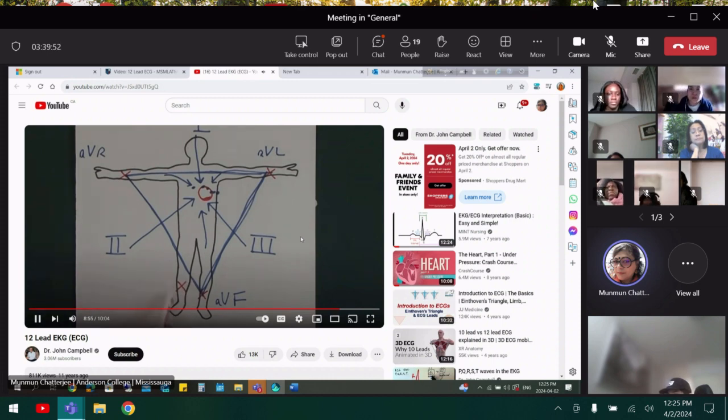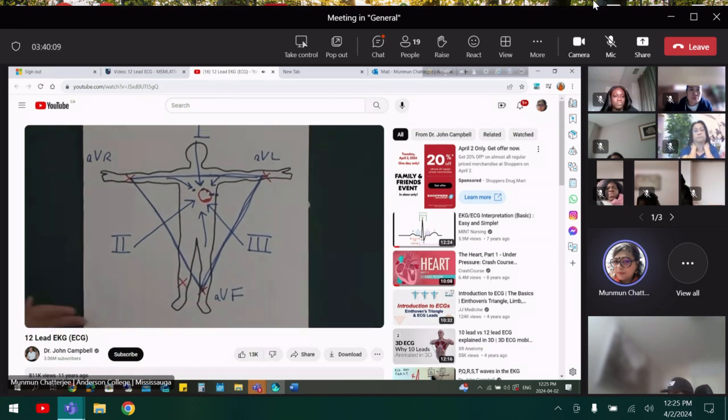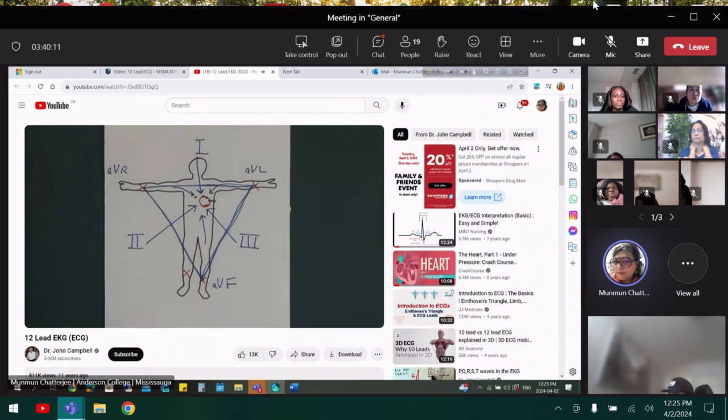So we have 10 electrodes on the surface of the patient's body. We need the earth, but we can take that away. But then we have 1, 2, and 3 as well, giving us a total of 12 views of the heart, giving us essential anatomical information. For example, if it's an inferior infarct, then the thrombus is most likely to be in the right coronary artery. In 80 or 90% of patients, it'll be in the right coronary artery.